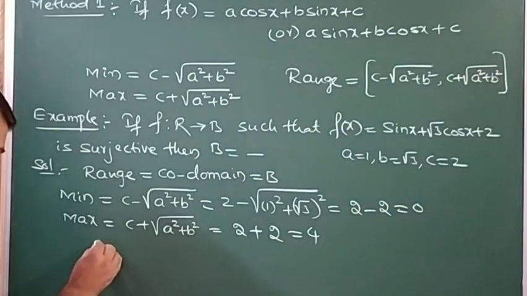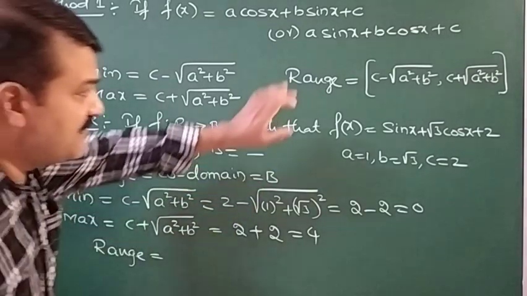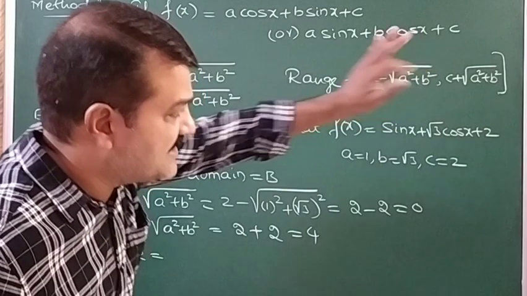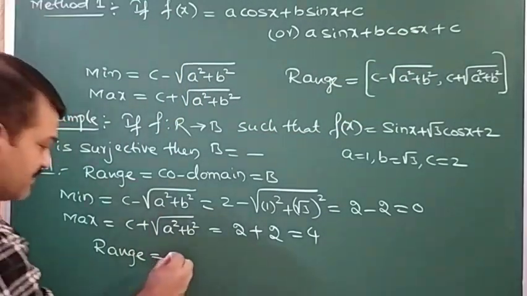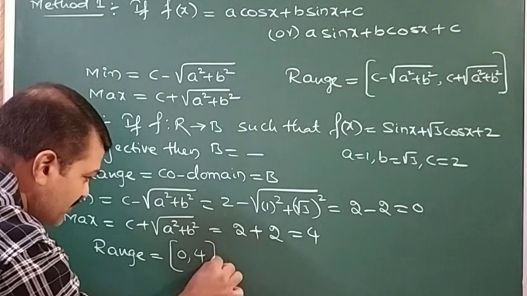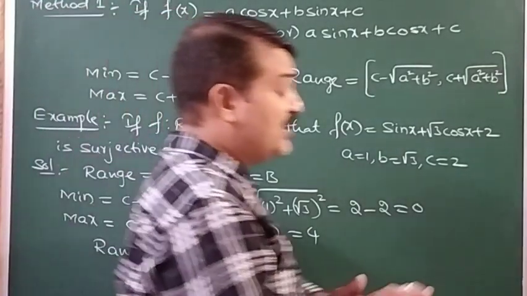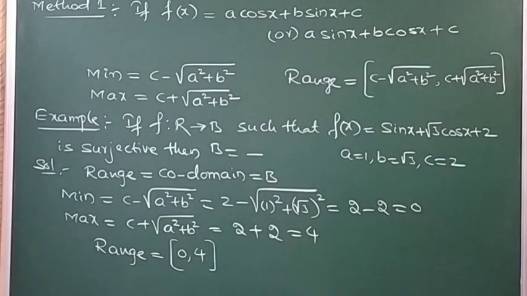So the range of the function, using this formula, with this as minimum and that as maximum, is the interval 0 to 4, including 0 and 4. Close brackets, 0 to 4 is the range of this particular function. So this is the first method.